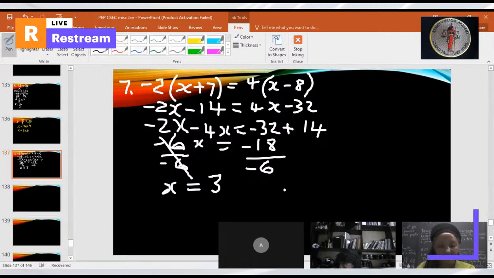What answer do you get on the left when you do that? You get negative 6 minus 14, which is negative 20.